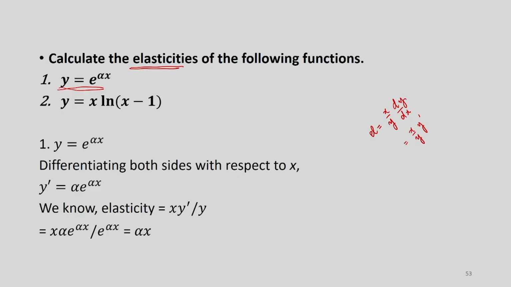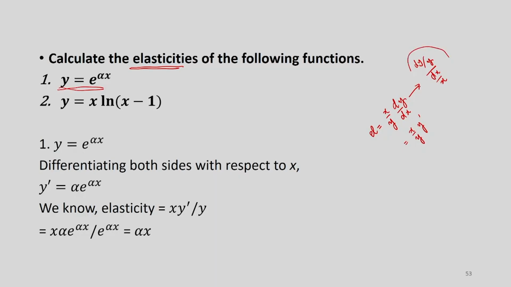Okay, and you can actually explain this further by saying that this is nothing but (dy/y) divided by (dx/x). What is the numerator? The percentage change or the relative change of y, and the denominator is the percentage change or the relative change in x.